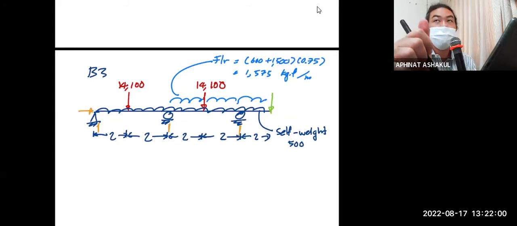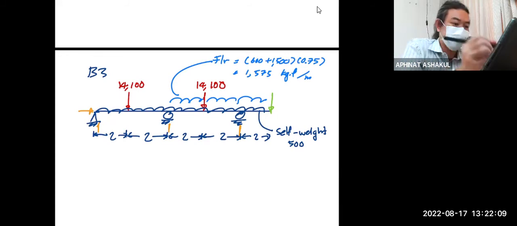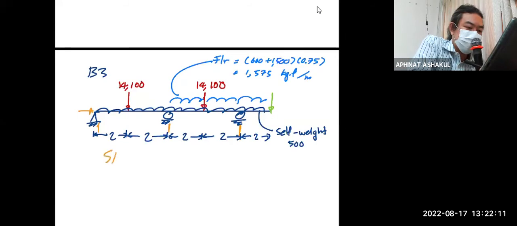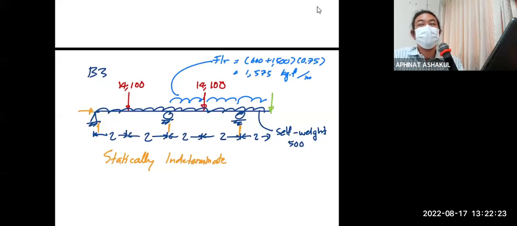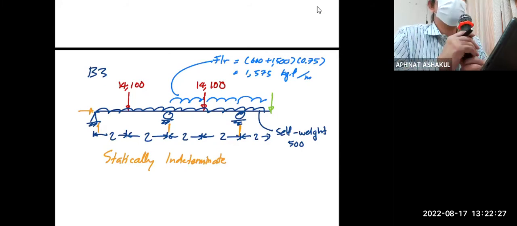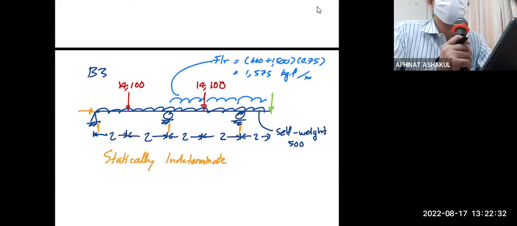So now the number of reactions exceeds the number of equilibrium equations that you have. So this structure is called a statically indeterminate structure. You cannot determine everything by simply using statics. You need a new method, which you will learn in due time.